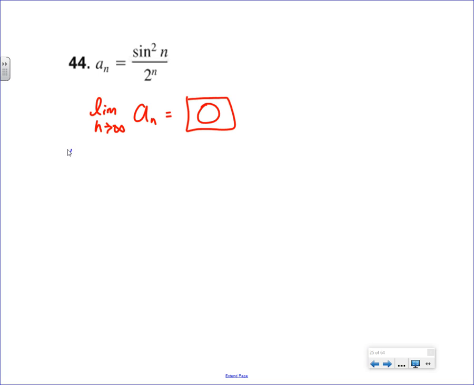Squeeze theorem. What do we know about sine squared? We said it's bounded. Now it's not bounded between -1 and 1 because it's squared. You can't say it's bounded between 1 and 1. Sine squared is not always 1. It's between 0 and 1. That's the struggle.